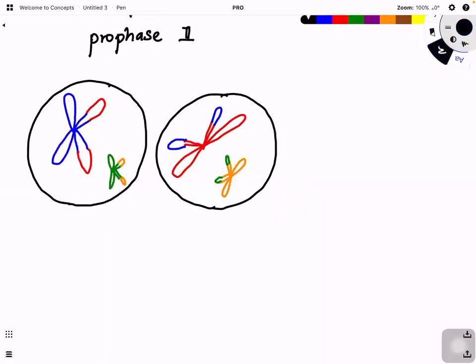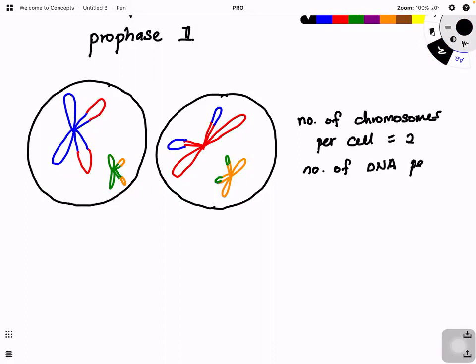So again, if you look at this, the number of chromosomes per cell is equal to 2, but the number of DNA per cell is still equal to 4. Okay, so what is the signature event?